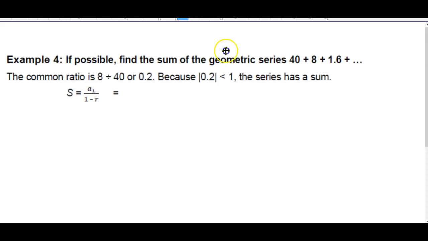Now they move on and they talk about that. See how this is getting smaller every time? So what you are adding is getting very small. If you do 8 divided by 40, you get r equals 0.2. So they were multiplying by 0.2.